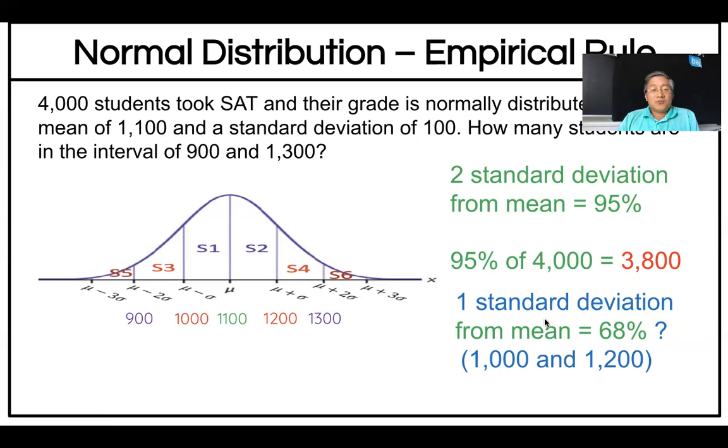So how many students are there? You multiply 68% of 4,000, which is 2,720 students in the interval of 1,000 and 1,200. Do you understand? Very good. We'll stop here.